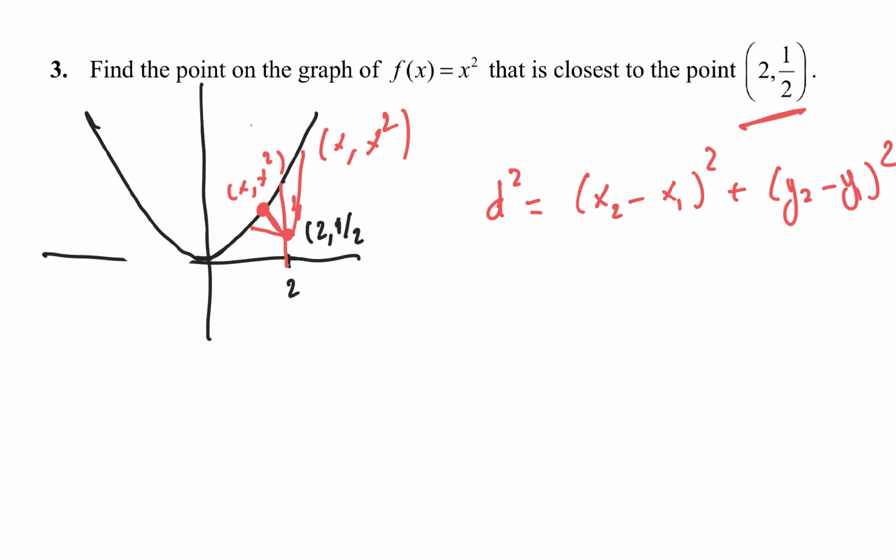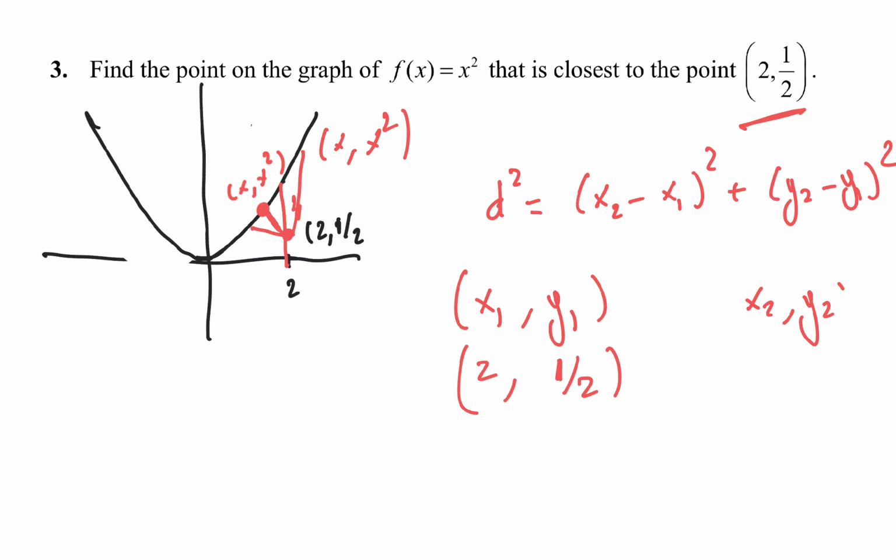In this case, the two points that I have: x1, y1 is the point 2, 1/2, and the other point, x2, y2, is the point x, x squared.